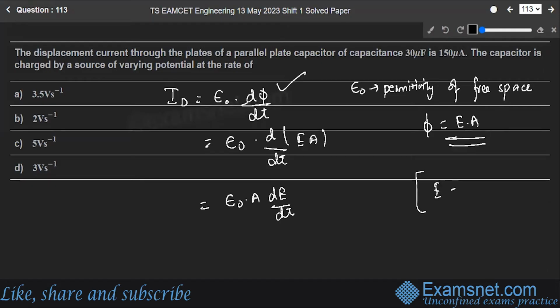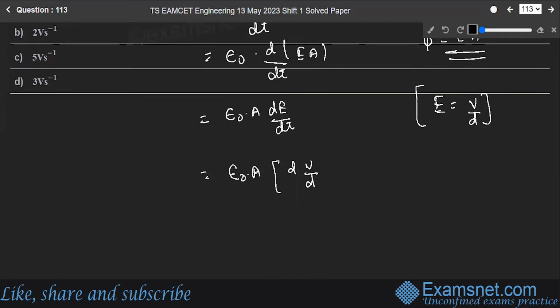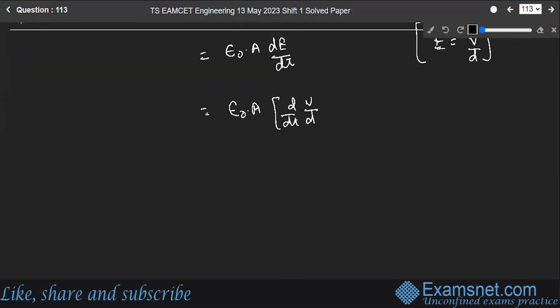And you know electric field is V upon d. So I will write it over here: d by dt of V upon d. Now d is constant. I'm taking it outside. This will be dV by dt. Let's put this thing.